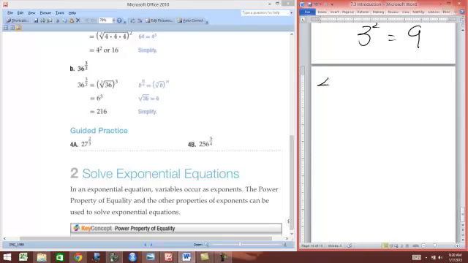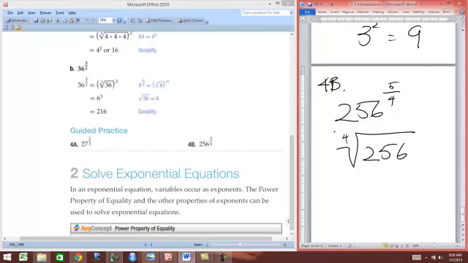Okay, 4B. 256 to the 5/4. Okay, the 4th root of 256. By now, we know what that is, raised to the 5th power. Now, the 4th root of 256 is going to be 4.